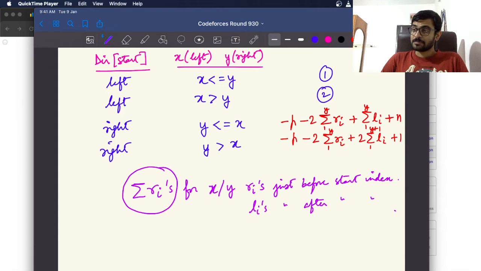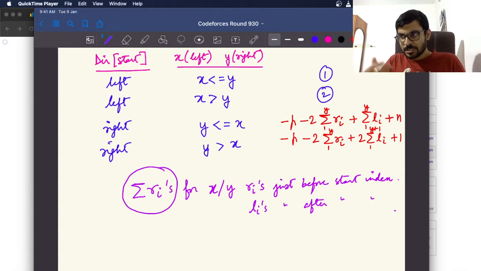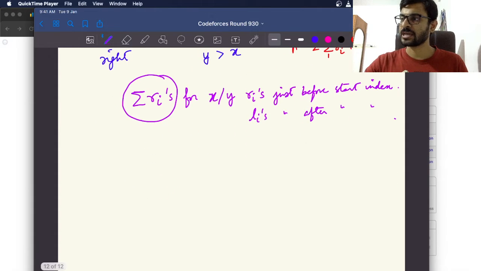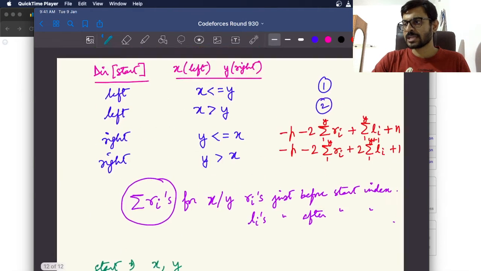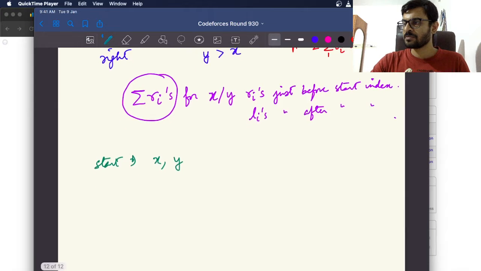So using prefix sum, I can contain the summation of right pointing arrows from the left and the left pointing arrows as well, and then I can target a range. For any given start position, I'll calculate the x and y. I will say, okay, what is required.